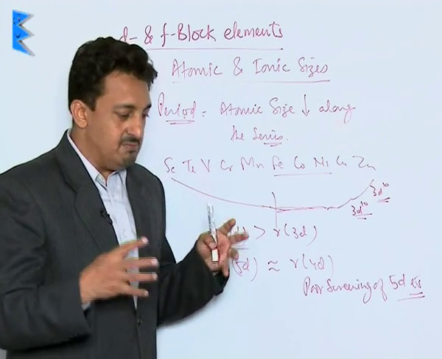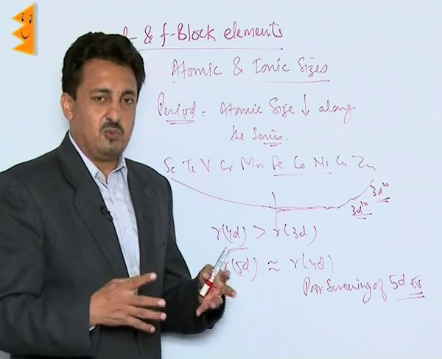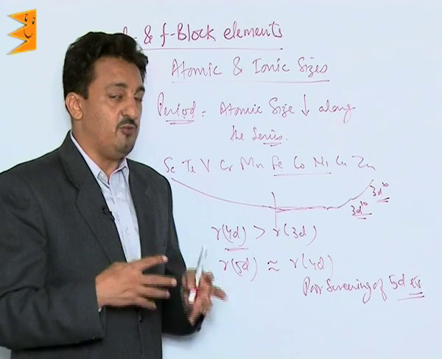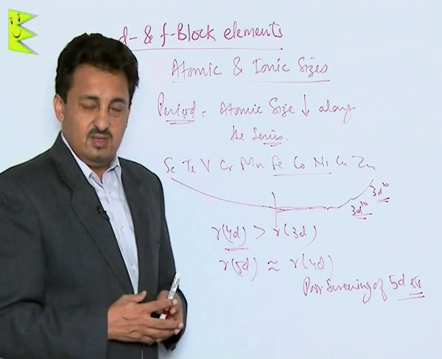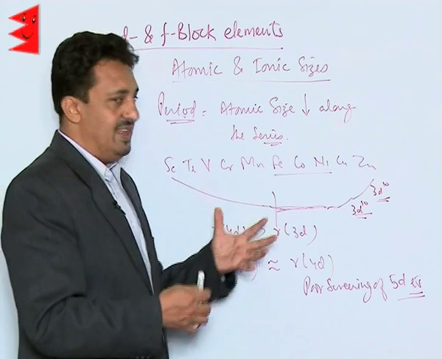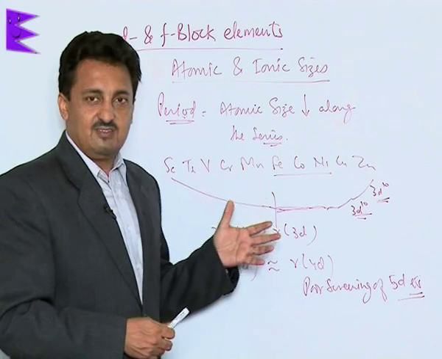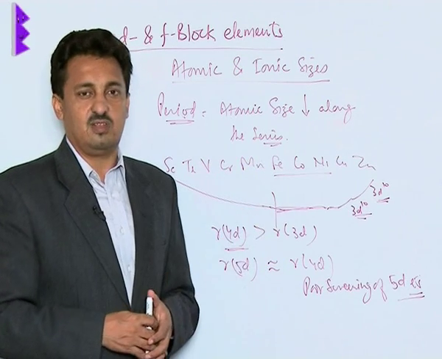That is why they can be mixed together very easily. They can exchange their lattice positions, and that's why they can be combined to form different types of alloys. These are the basic trends in the atomic sizes. The ionic trend also shows when they are taken in the same oxidation state. The ionic trend is exactly very similar to the atomic trend.